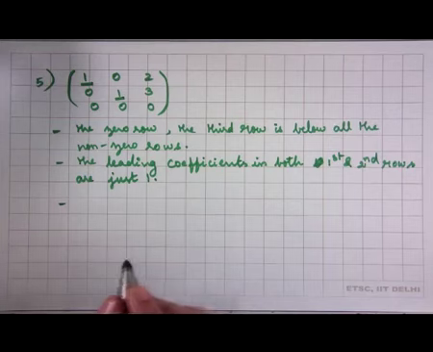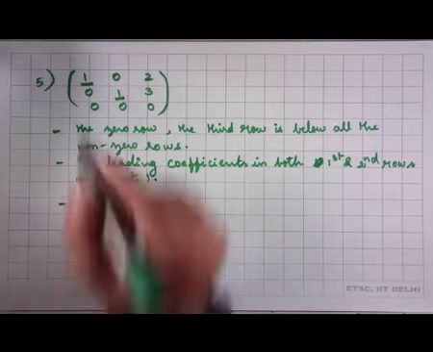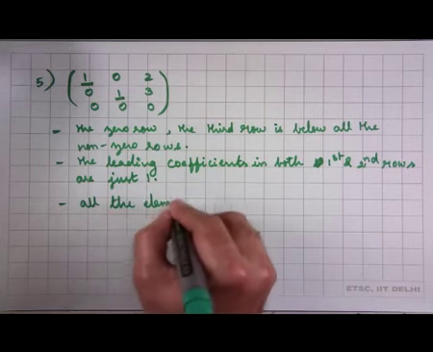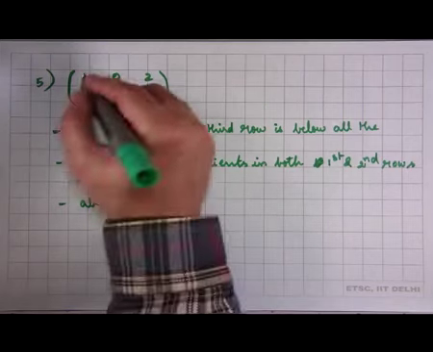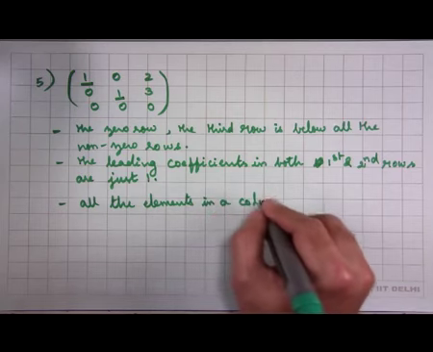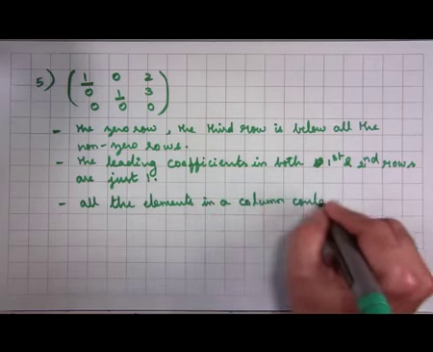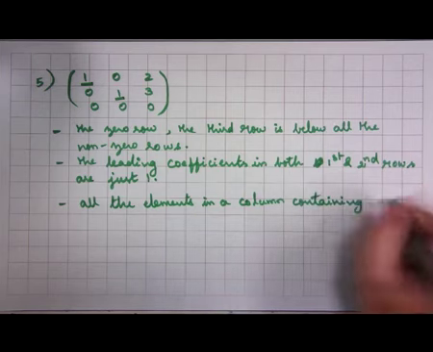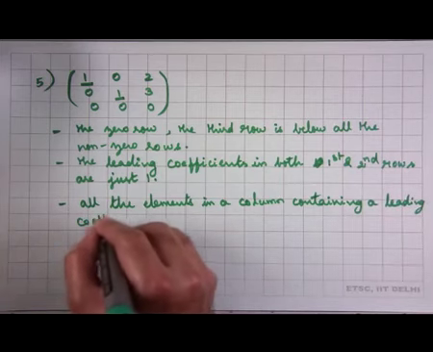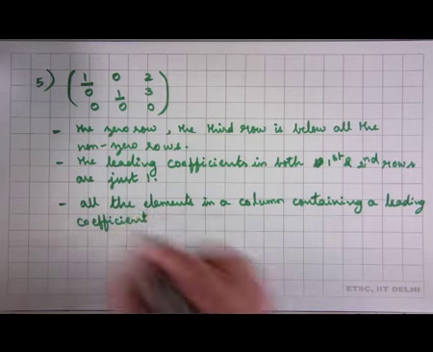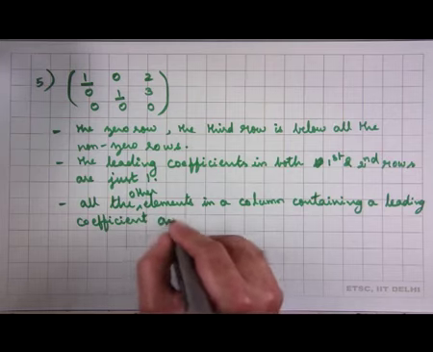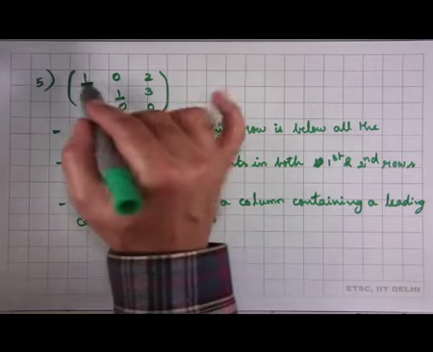The third one that you wanted is that all the other elements in a column containing a leading coefficient are 0. So, the leading coefficient appears in the first column and second column.